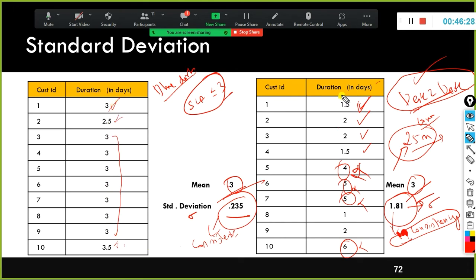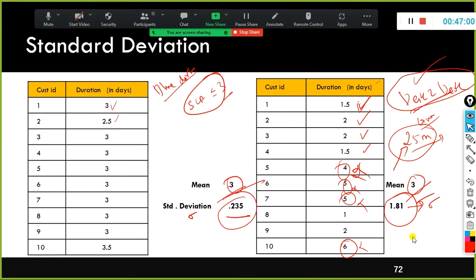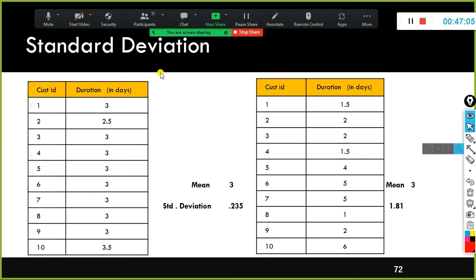But here sometimes they delivered well ahead of the schedule, sometimes they miss the SLA. So using standard deviation we can compare the data sets. What can we compare here? We can compare the consistency, how consistent the data is. The higher the standard deviation, the more inconsistency. Yeah, Blue Dart is good, DTDC is not good, right? So that's what we conclude.